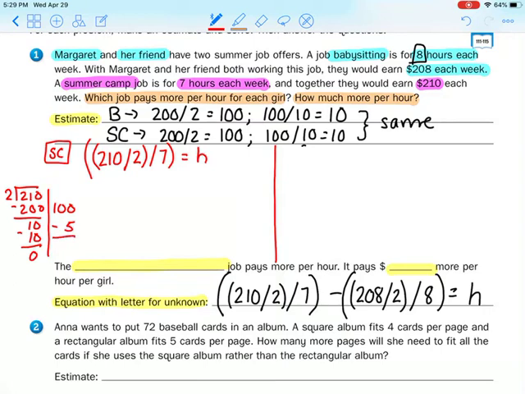So I have no remainder, and my answer is 105. So the girls, every week, each girl would make $105.